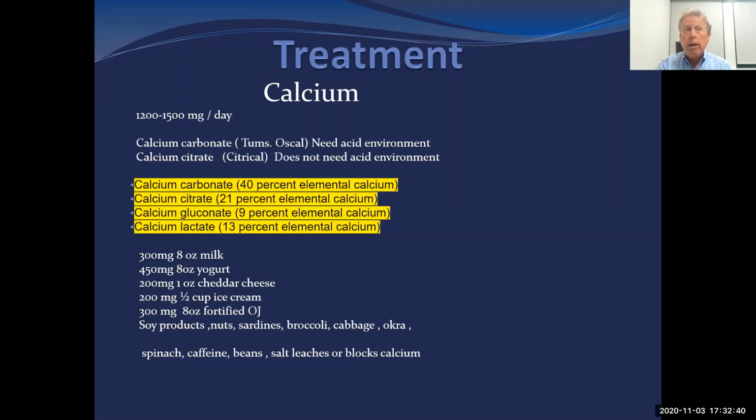So if you're a big coffee drinker, if you drink excessive coffee, that can reduce your calcium intake. Beans, because they have calcium oxalate, are also not a good source of calcium and may actually block some calcium intake. Very salty foods also can wash out calcium and block calcium reabsorption in the kidney. So salty things are not such a good idea either.